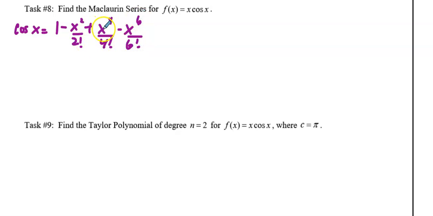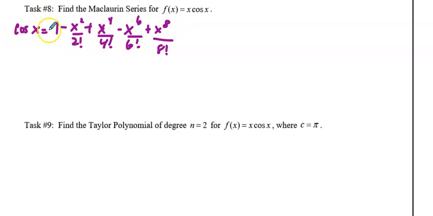It's enough to write a couple of these out so we get the idea, and let's add one more. So we have 0, 2, 4, 6, 8, and we alternate our signs.